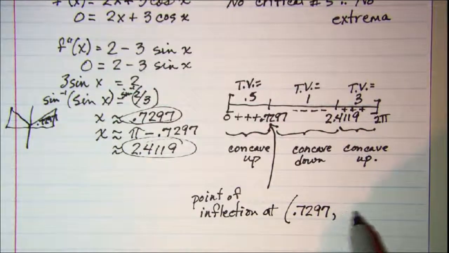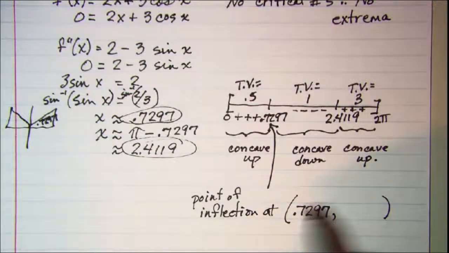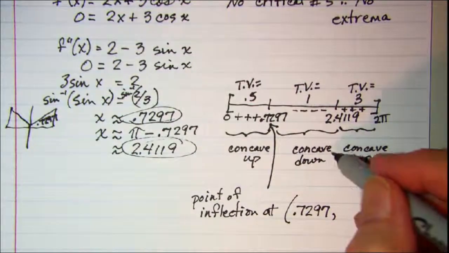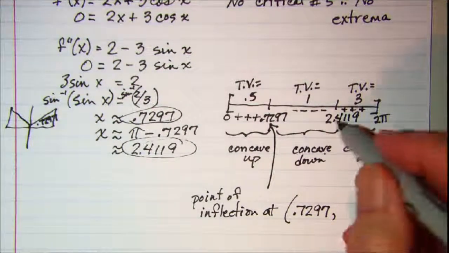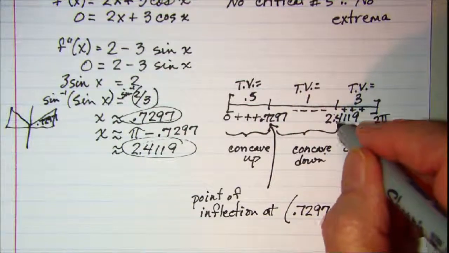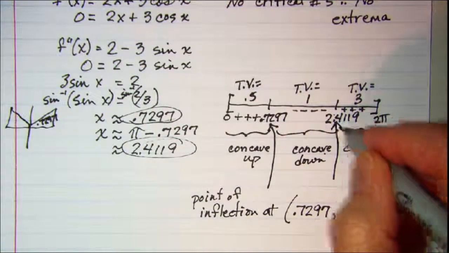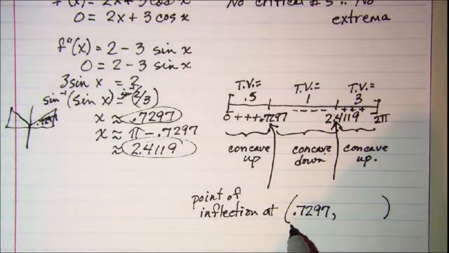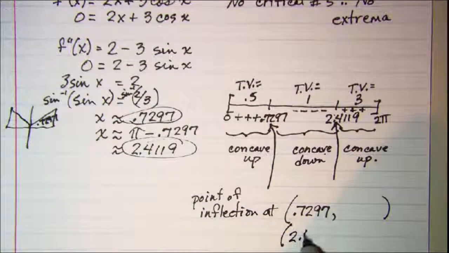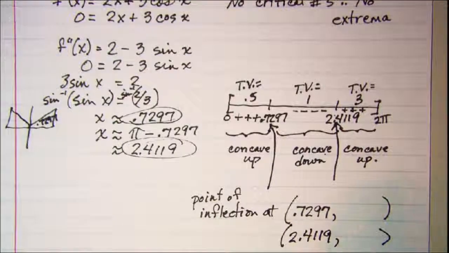I'll find my y value here in just a little bit. And then we also were going concave down to concave up, so we have a point of inflection here as well. And I'll find my y value.